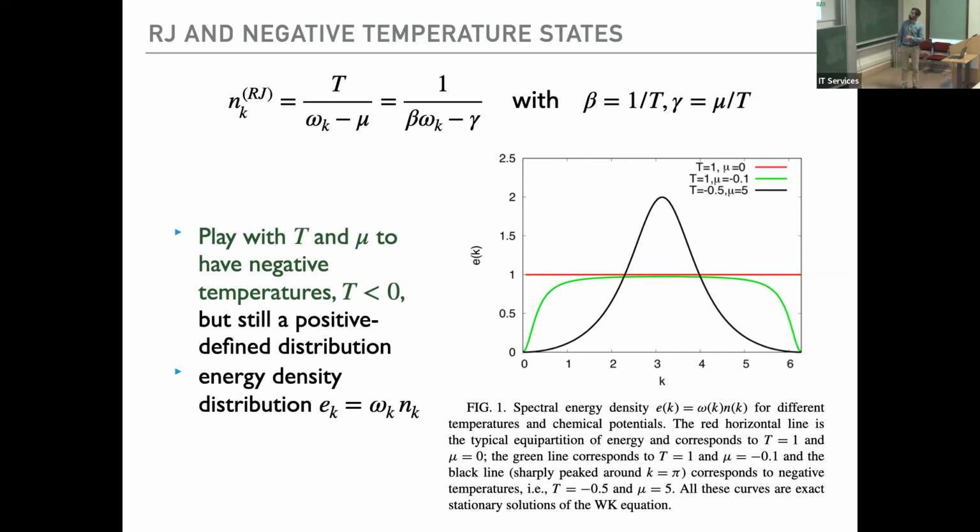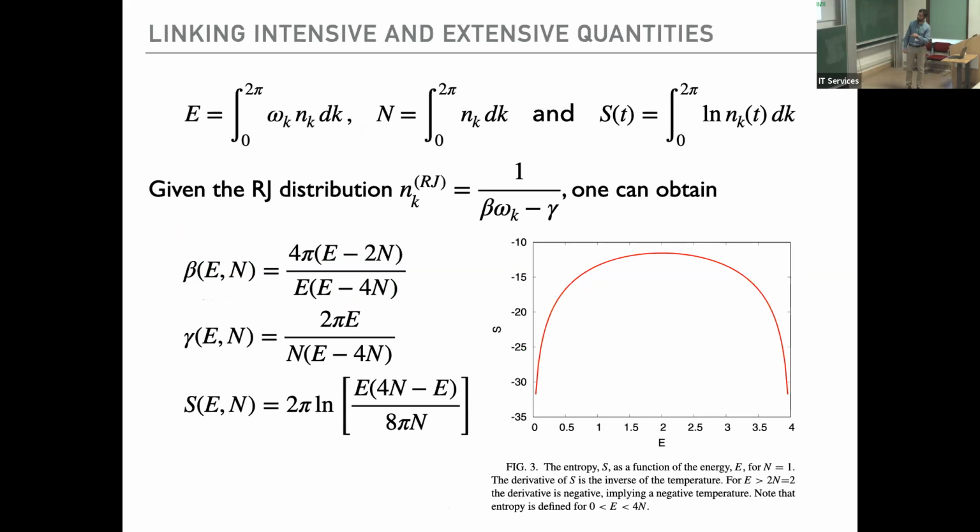Okay. So we wanted to see somehow if we were able to obtain this kind of state in the discrete nonlinear Schrödinger equation. But I should say that this system is also really nice because you can actually go from the intensive quantities to the extensive quantities of the system. So for example, let's suppose that you know the total energy and total particle number of the system.